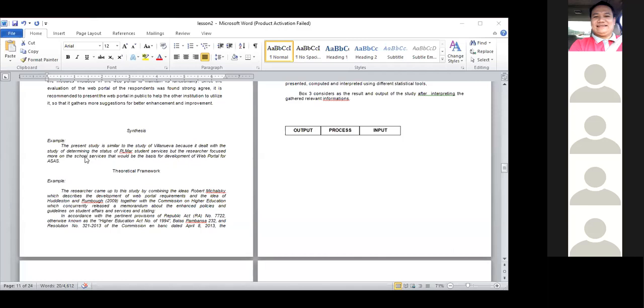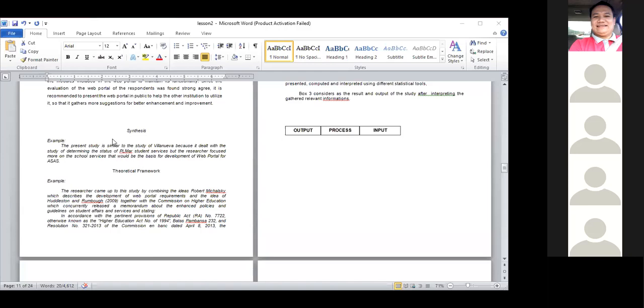Let's say the present study is similar to the study of Villanueva because it dealt with determining the status of Pilmar student services, but the researcher focused more on the second school services that would be the basis for the development of a web portal for ASAS. So they are both talking about services, no? Services.